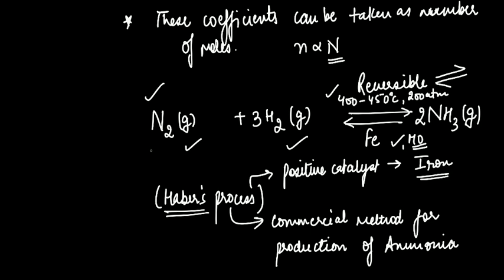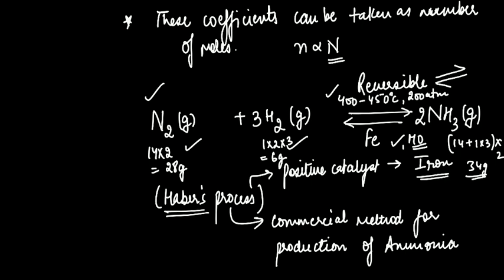So 14 into 2, this gram atomic mass will be 14, gram molecular mass will be 28 gram. Hydrogen has 1 mass. So 1 into 2 into 3, so this will be 6 gram. And ammonia, if we need to calculate, this will be 14 plus 1 into 3, and this whole multiplied by 2. So this will be 34 gram.